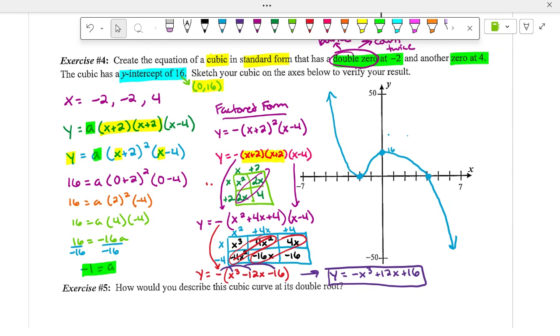You just did exercise 4, so we're trying 3. Come on, guys. Try this problem. Get to work.